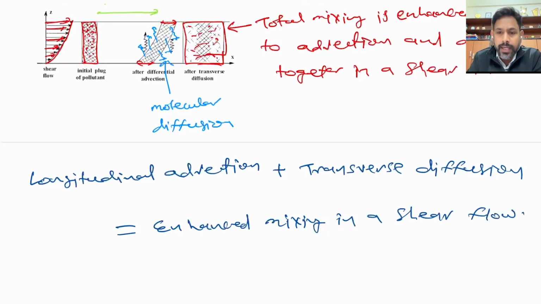Okay, so this is what happens when you have shear flow. And once again, what is shear flow? There is gradient of velocity.